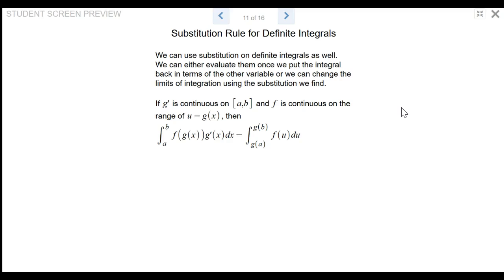But one thing that you can do is, if you want, since a definite integral evaluates to a number, you can evaluate the antiderivative in terms of u. You can evaluate it at the inside function, evaluate it at your original limits of integration. So it's easier to just show an example.